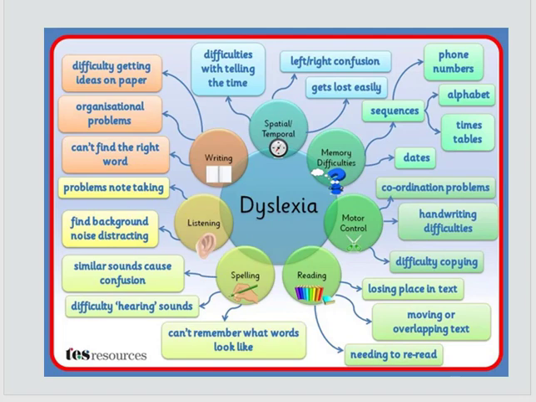Spatial and temporal, for example, left-right confusion, getting lost easily. Memory difficulties, for example, struggling to remember sequences like in a phone number. Motor control, for example, coordination problems. And reading, for example, losing one's place in text.